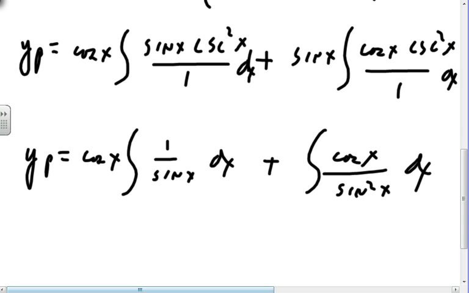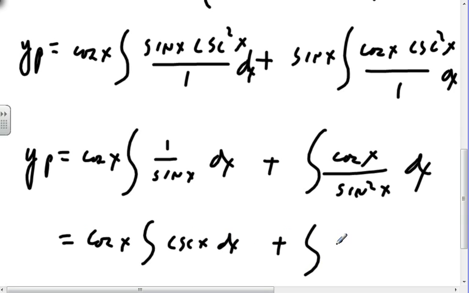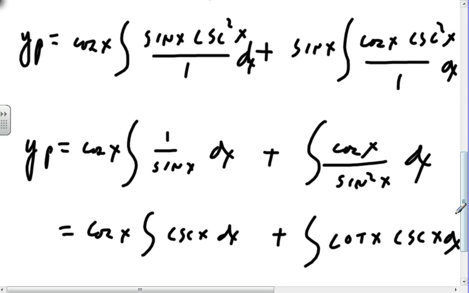All right, so I've got the cosine x integral cosecant x plus integral cotangent x cosecant x. Is that a sine x integral? Where? The second one.